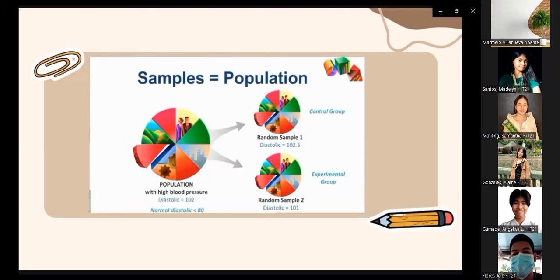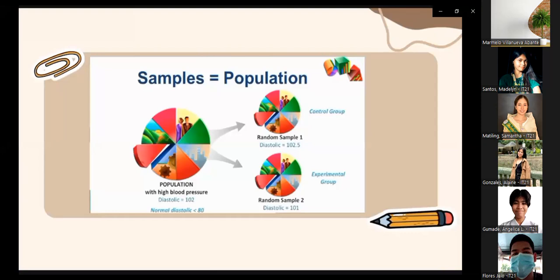We draw a sample, which is sample 1, from that population, and we expect that the sample mean will have the same blood pressure as the population from which they are drawn. And as expected, they have high blood pressure.